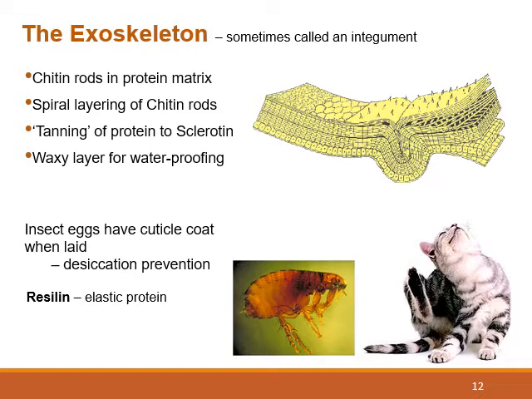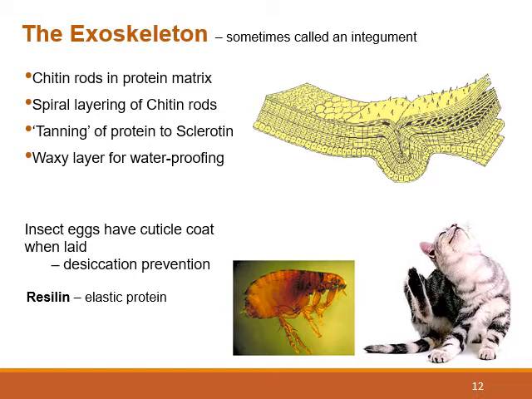Finally, another aspect of the exoskeleton that we often see is the presence of this elastic protein known as resilin. So this resilin is a rubber-like protein with almost 100% elasticity, so that the energy stored when you're compressing this resilin is released as kinetic energy as it returns to its original state.